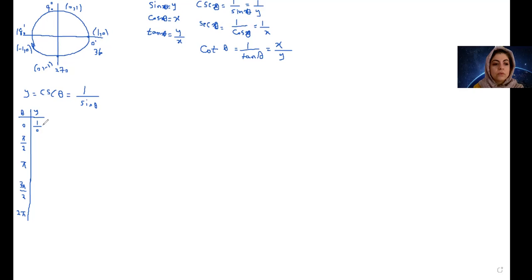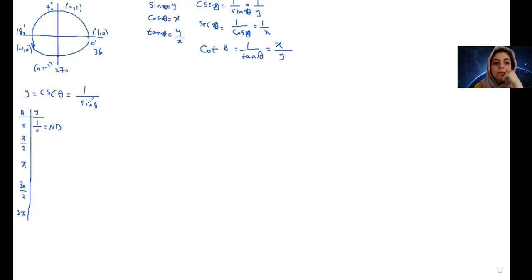Then what? 1 over 0, because 0 is in denominator, is not defined. Can you tell me what is this cosecant of the 90 degree or pi over 2?